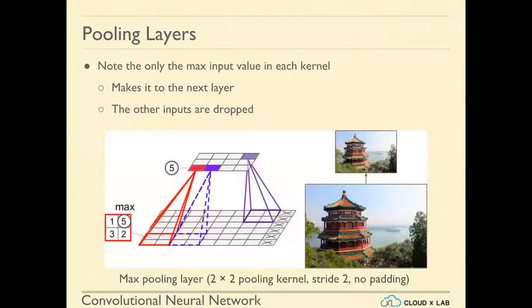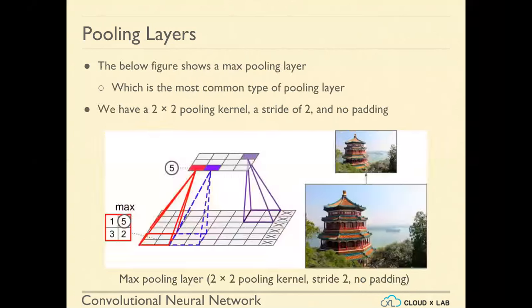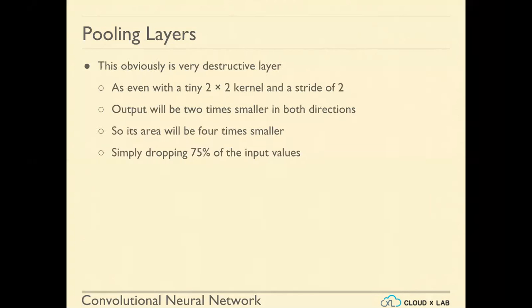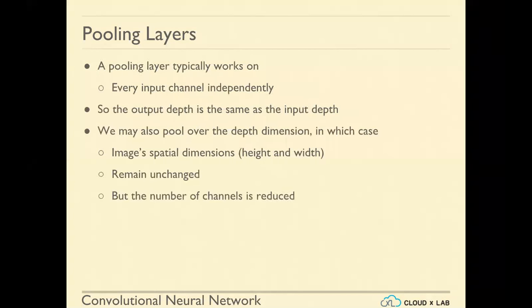Each time our 2 by 2 filter is applied, we are only keeping one value out of 4. A pooling layer typically works on every input channel independently, so the output depth is the same as the input depth.